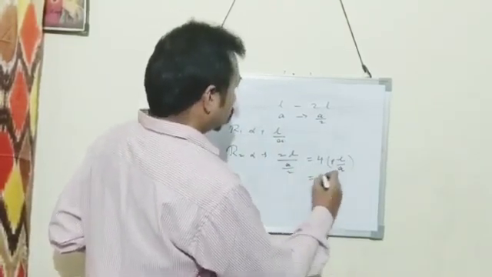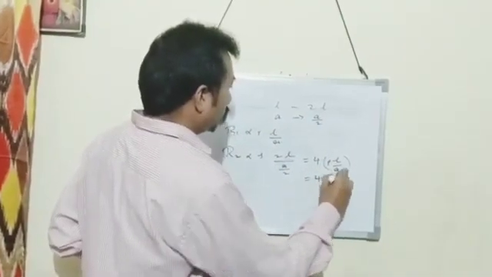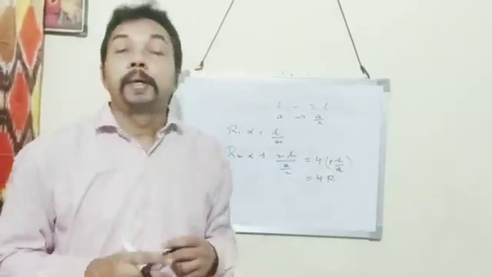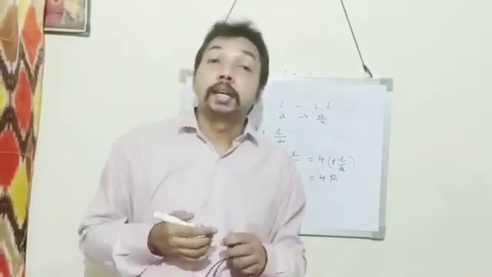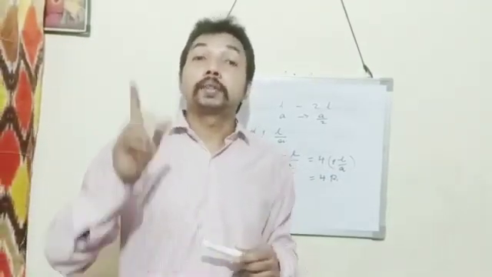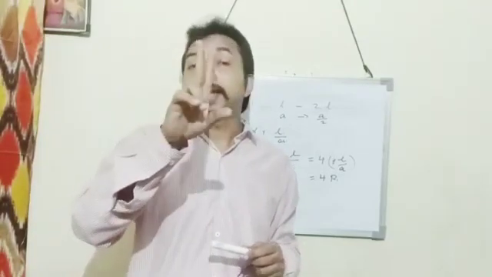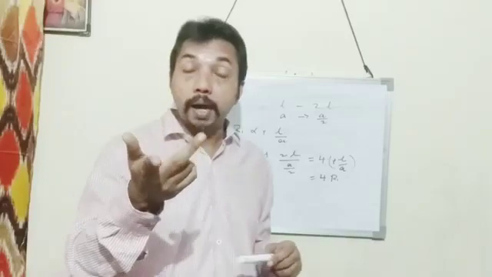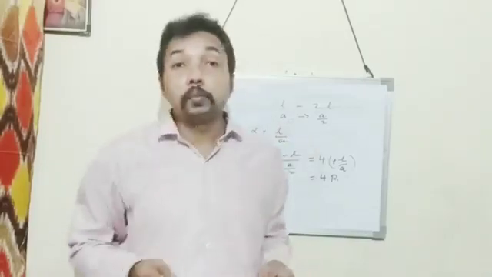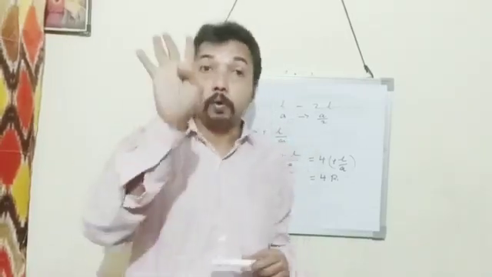Then the resistance will become 4 times. By stretching, if the length becomes 2 times, then the area of cross section will become half and the resistance will become 4 times.